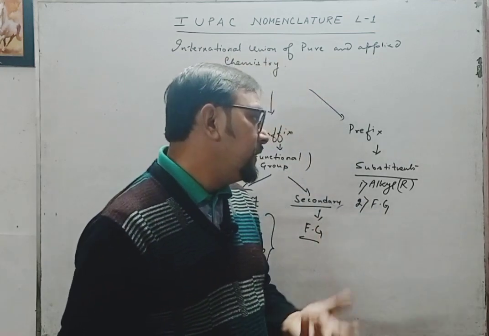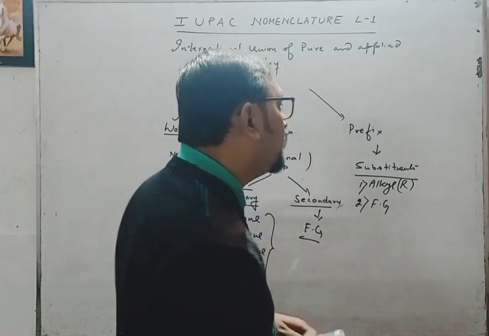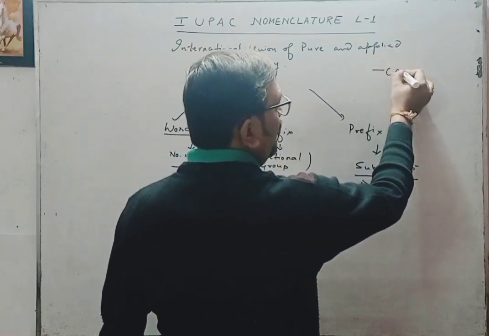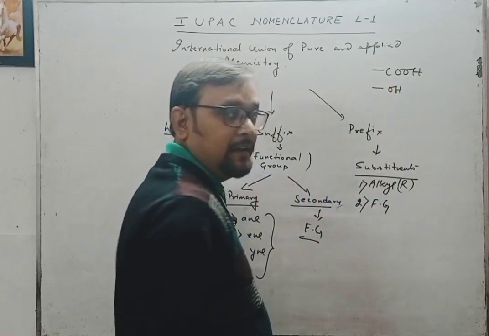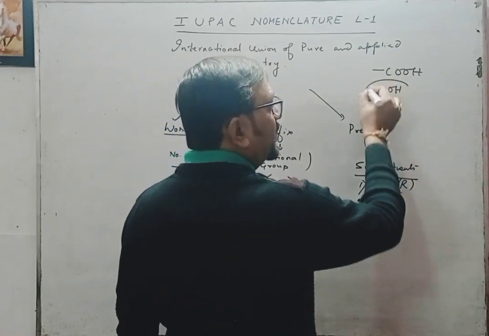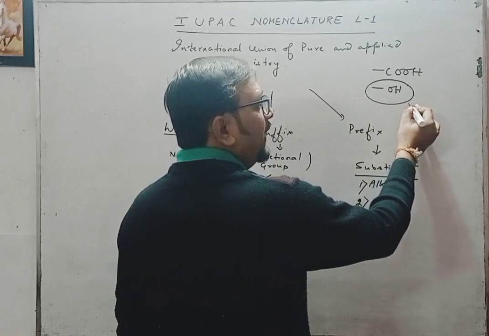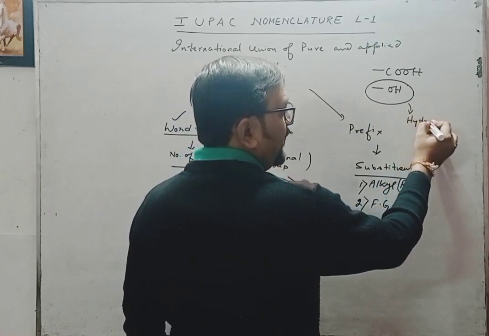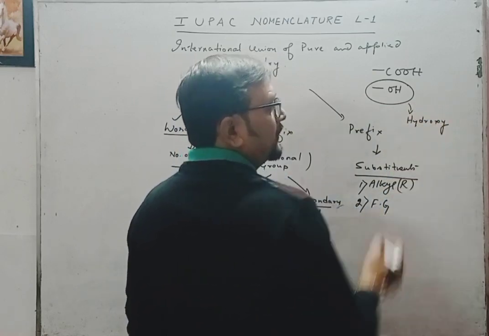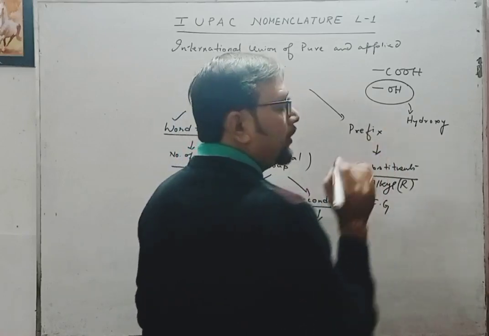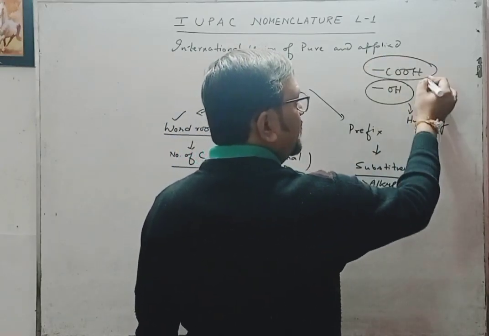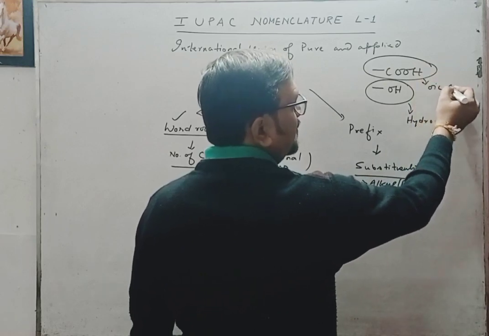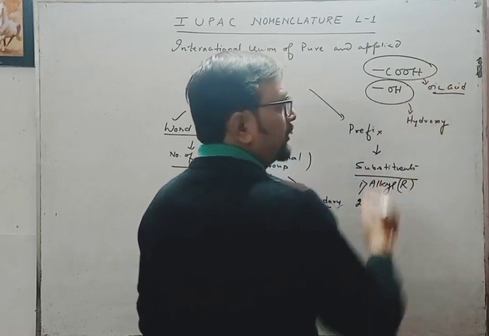For example, if I am using two functional groups, say COOH and OH, this OH is lower, so I will be using hydroxy as the prefix instead of alcohol, and COOH is higher, so I will be using oic acid as the suffix for this group.